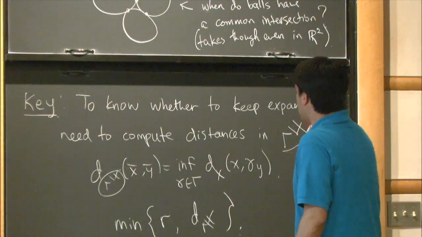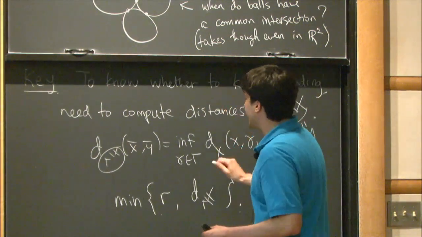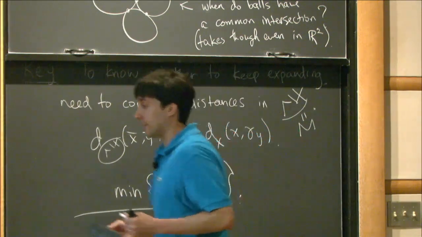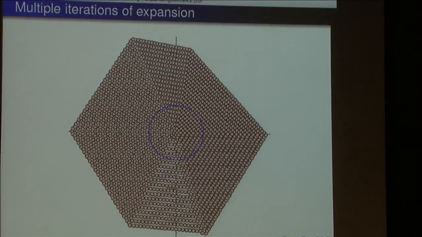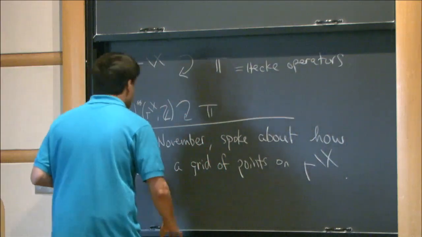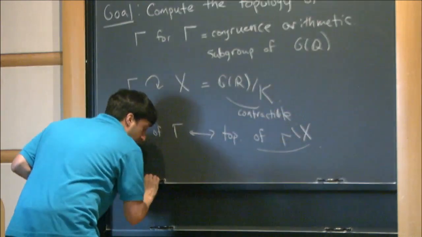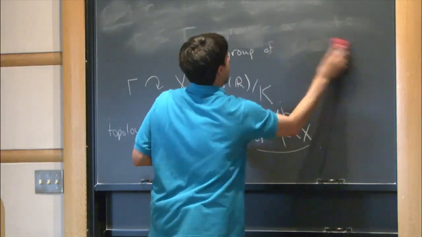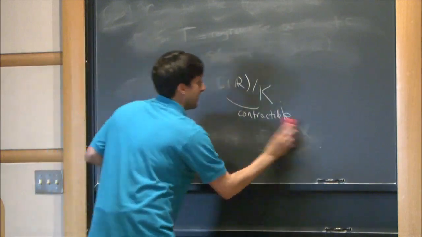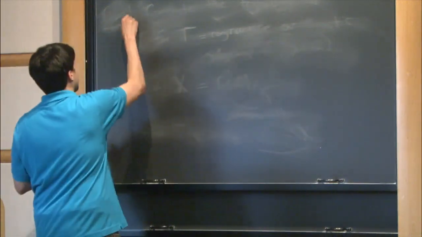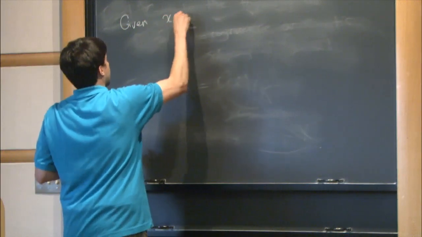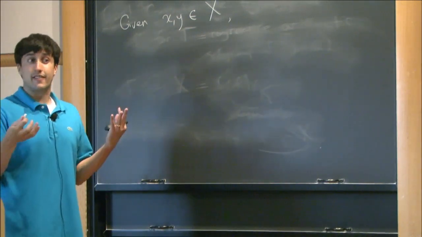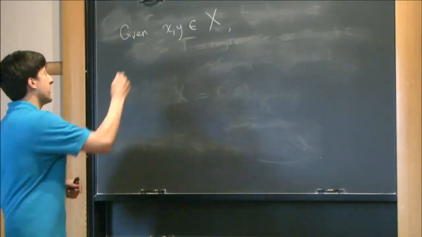So one of the key things that this expanding ball algorithm does in the context of locally symmetric spaces, one of the things our algorithm does, is given two points, x and y, say we want to determine if they have distance less than or equal to 1 from each other in the quotient.